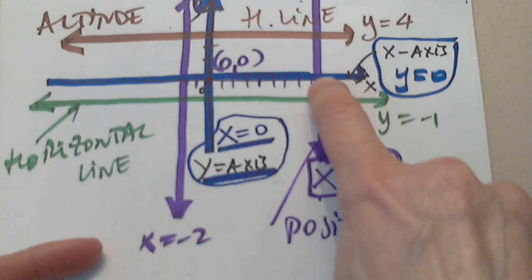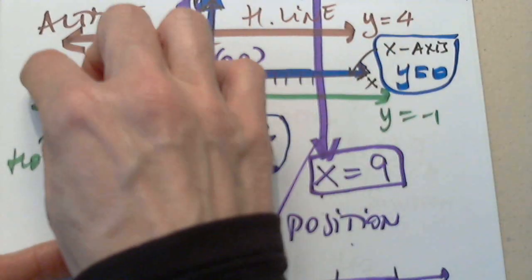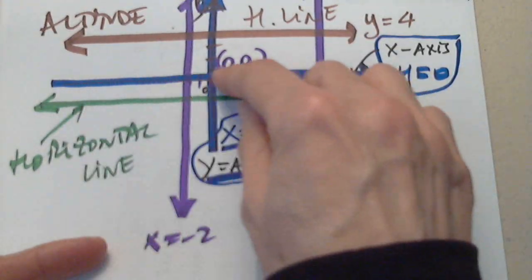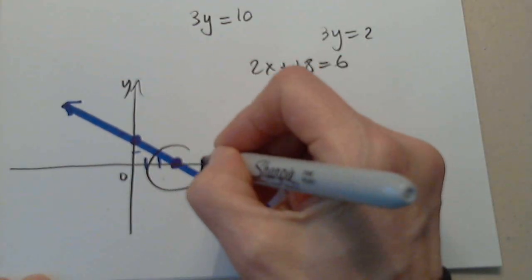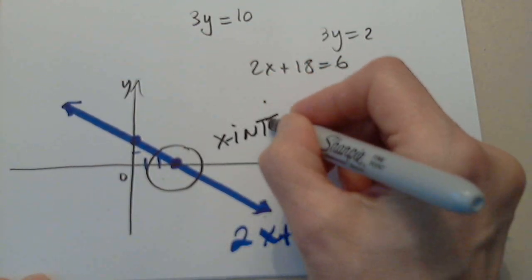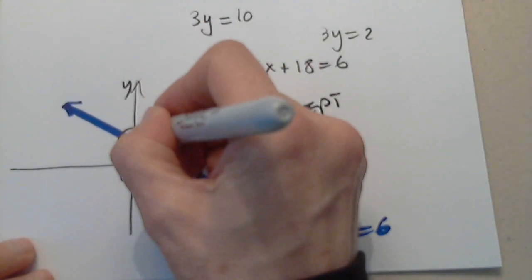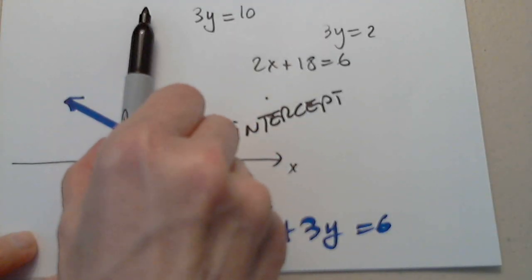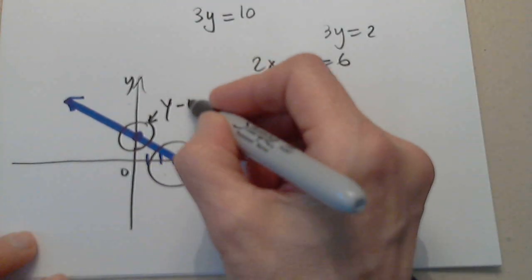Again, when a line or a graph of anything crosses the x-axis, that point is called the x-intercept. Major point. Super important. Now this point, when a line or a graph of anything crosses the y-axis, can anyone guess the name of this point? The y-intercept.